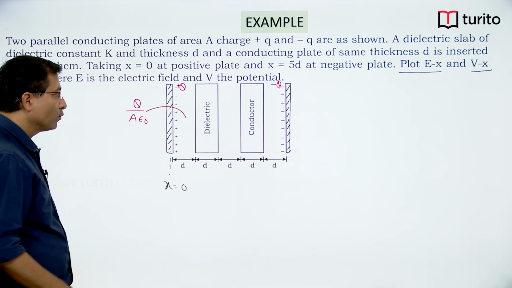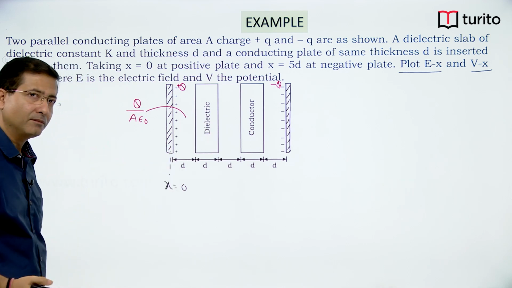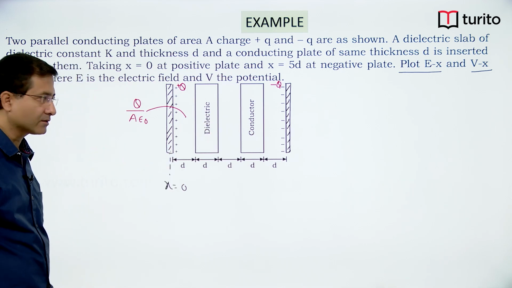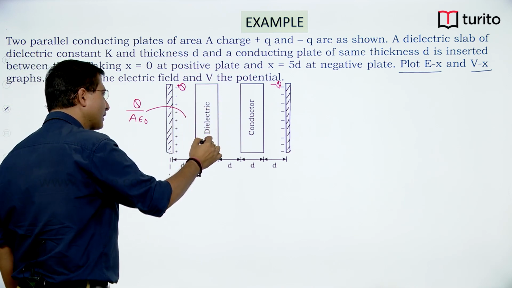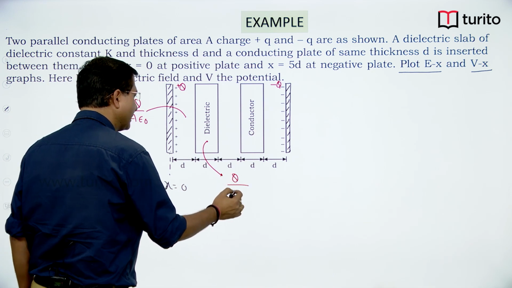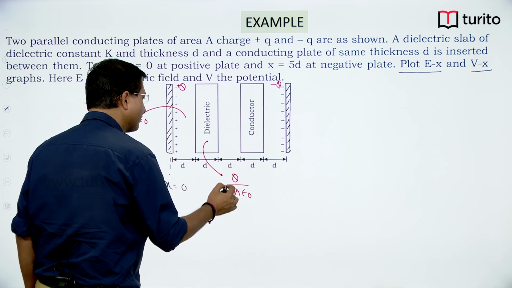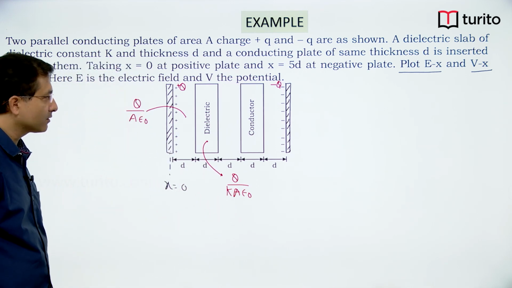And we know that whatever be the field outside, inside the dielectric the field will become smaller by k times, right. So, the field inside the dielectric will be q upon A epsilon naught divided by k, because the outside field is q upon A epsilon naught, right.